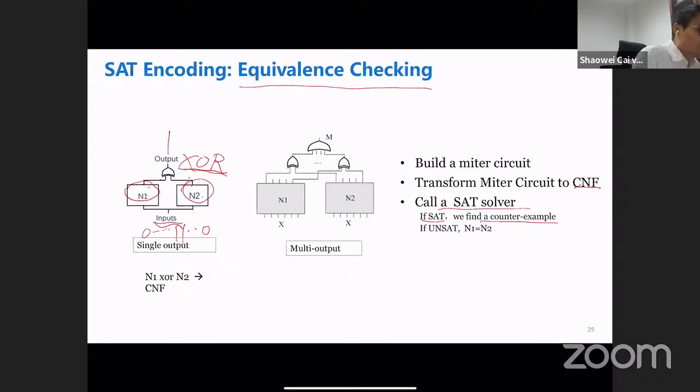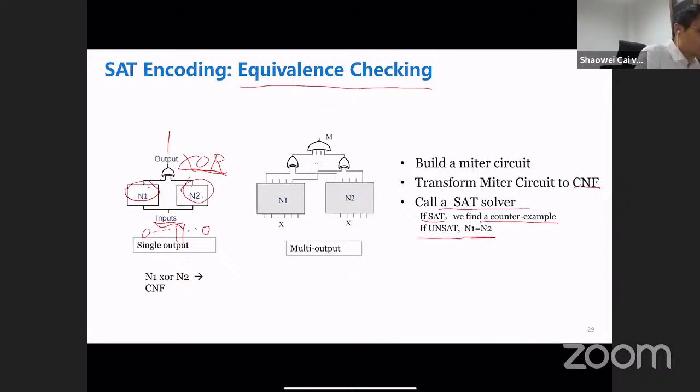If it is UNSAT, there does not exist any assignment that makes the XOR gate output 1, so we prove these two circuits are functionally the same.